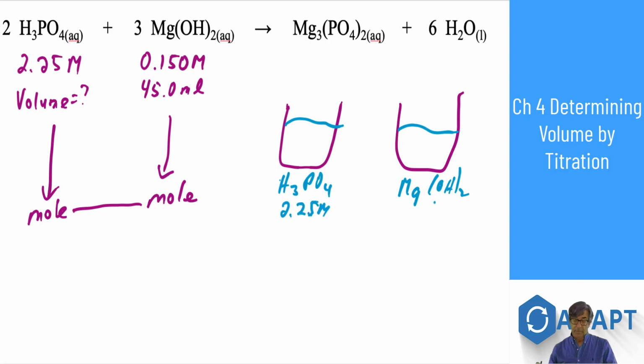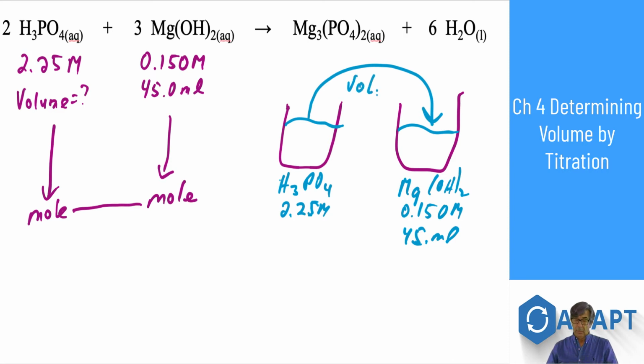And in the case of magnesium hydroxide, we have 0.15 molar, and we have 45 milliliters of it. And we want to find out how much of the phosphoric acid we need to add to reach the equivalence point. So that would be moles to moles up into volume.